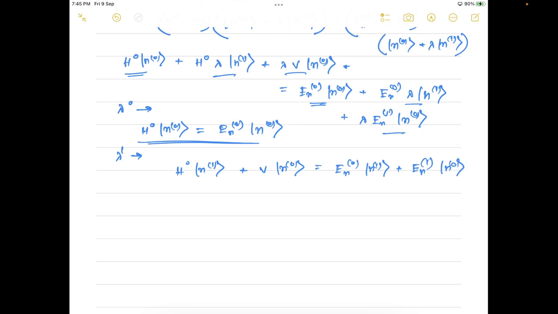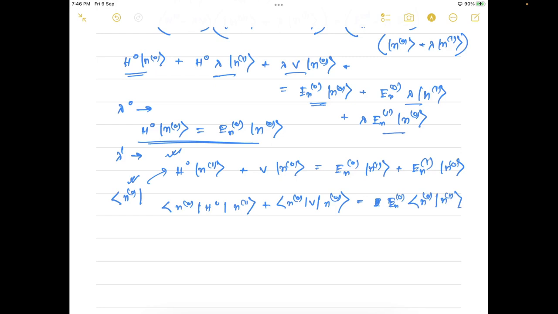Now you can multiply this equation with the bra <n0>. So we get <n0|H0|n1> plus <n0|V|n0> equal to En0 <n0|n1> plus En1 <n0|n0>. En0 is a constant term, so you can keep it outside.